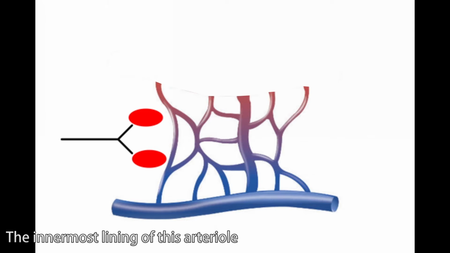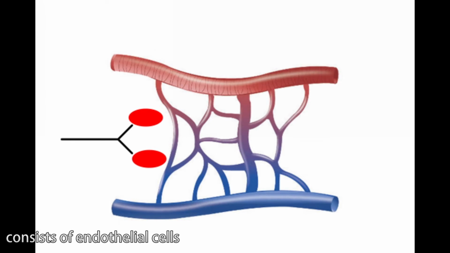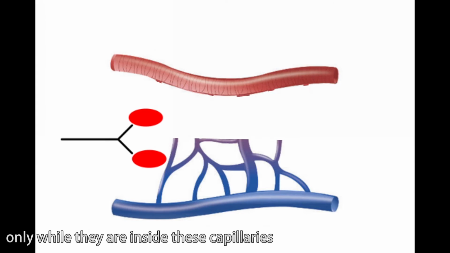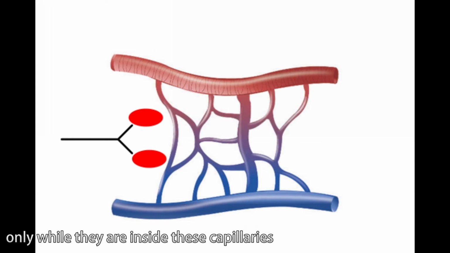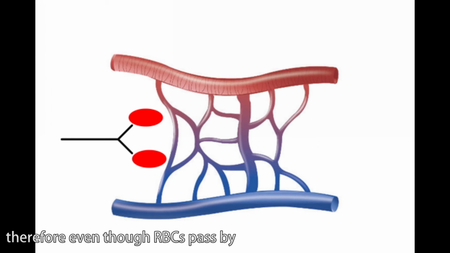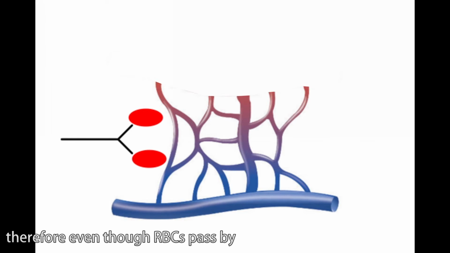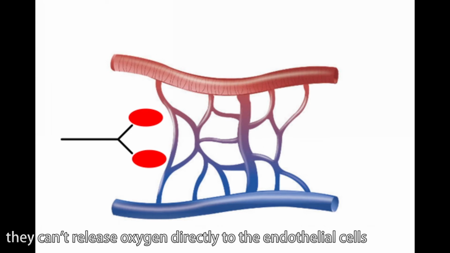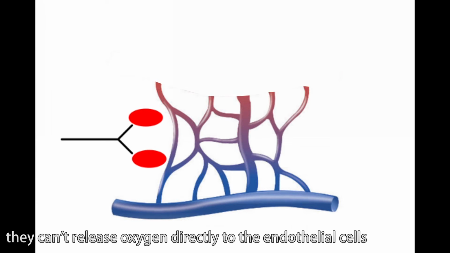The innermost lining of this arteriole consists of endothelial cells, and all of them are immersed in the fluid called interstitial fluid. As I mentioned, RBCs release oxygen only while they are inside these capillaries. Therefore, even though RBCs pass by the endothelial cells of arterioles every moment, they can't release oxygen directly to the endothelial cells.